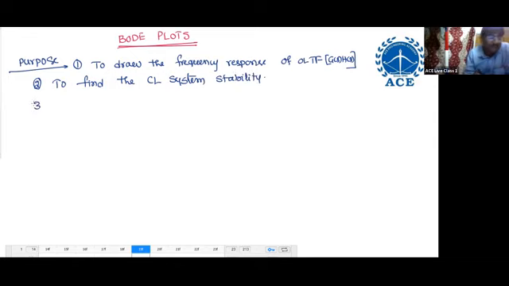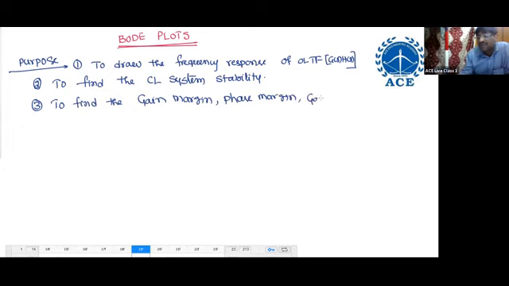Third, to find the gain margin, phase margin, gain crossover frequency, and phase crossover frequency.